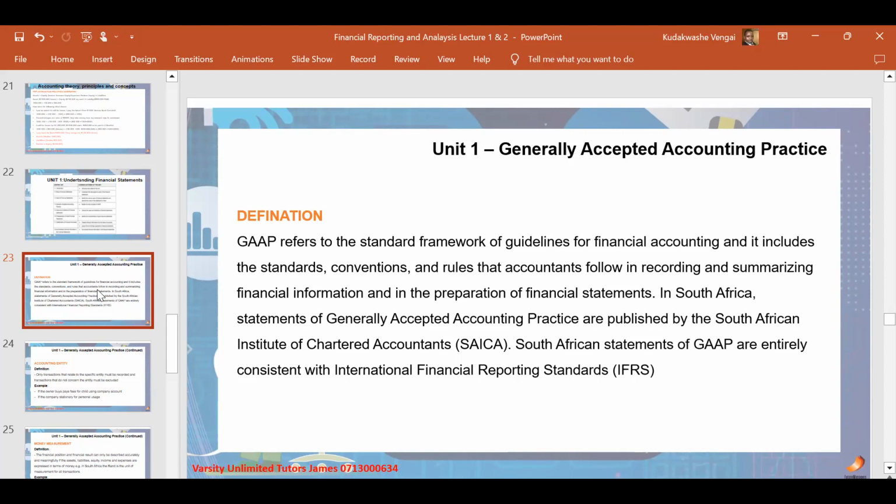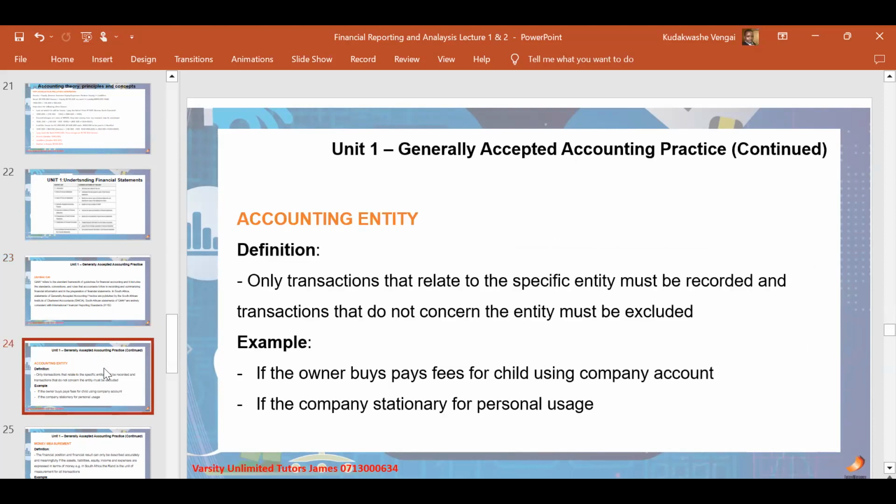So these guidelines are what we know as the International Financial Reporting Standards, right? For those of you that are doing accounting, you are going to go into detail on this. But for the general guys, you don't need to go too much into detail. You just need to know what are called the principles. The people who created IFRS and GAAP have certain principles that they said every accountant should agree on.